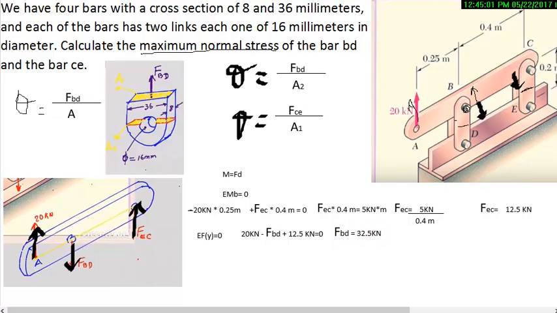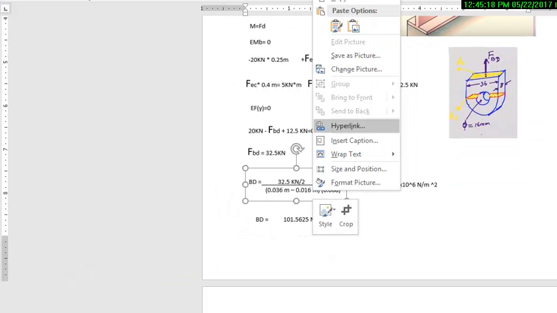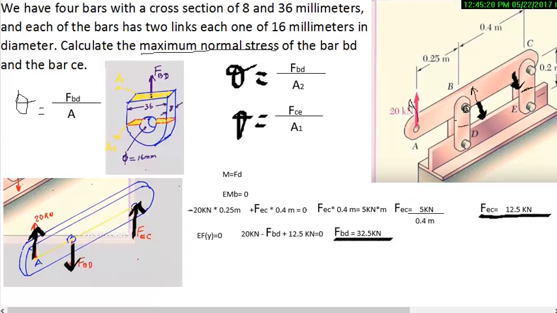Now we clear FBD and it would be 32.5 kilonewtons. The two results are positive. This means that the assumptions, that one is in tension and the other is in compression, are correct. Now we can calculate the stress.